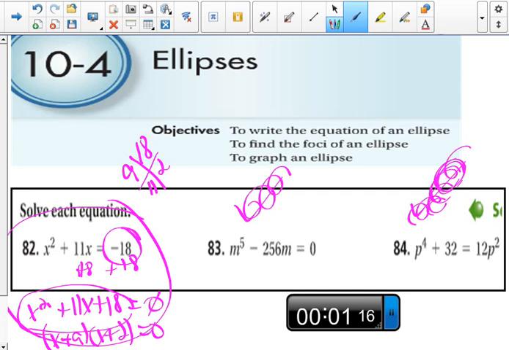So factor those quickly, and we'll move on. Seconds remaining.